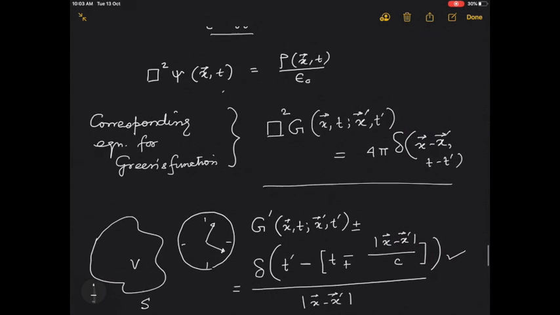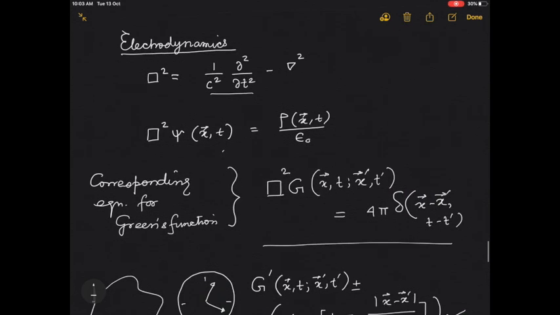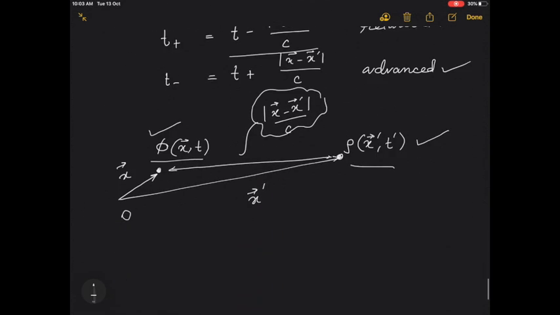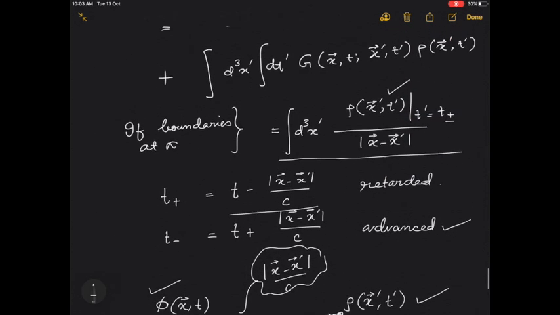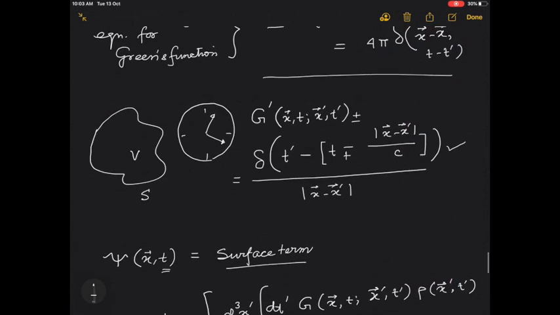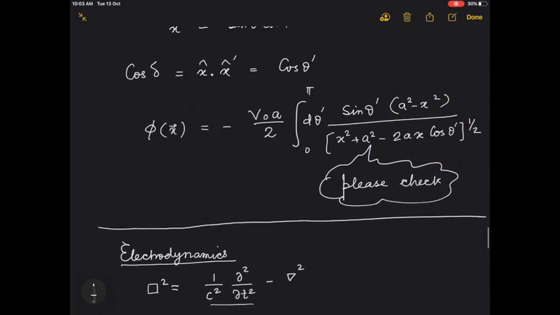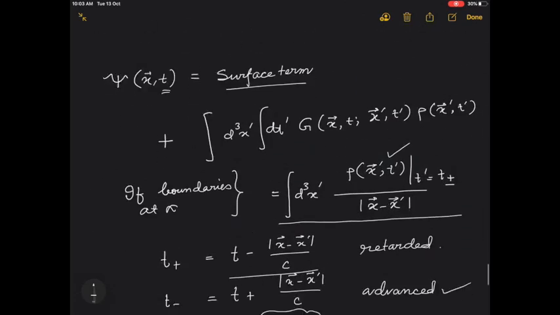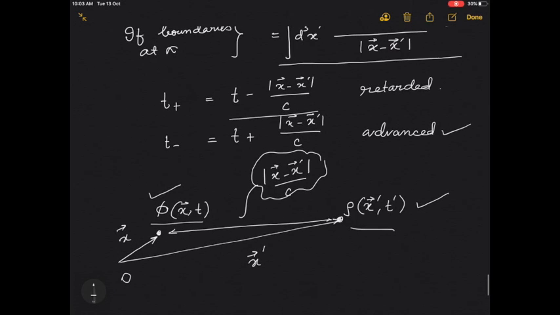Now this can be used to solve electrodynamics problems, particularly the problem of generation and propagation of radiation. But that's all that I will discuss with you in this course, and I have also uploaded the assignments, so please go through the assignments.